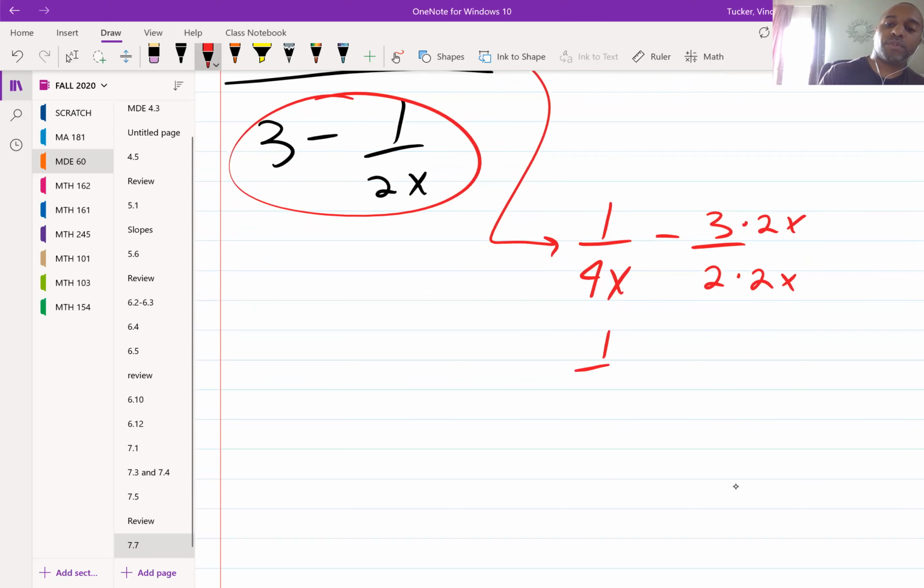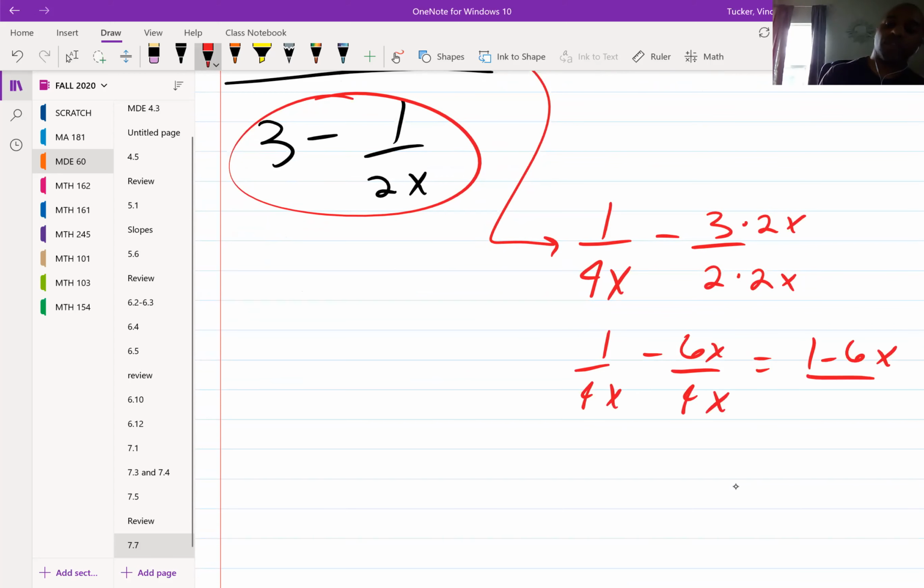And so that's 1 over 4x minus 6x over 4x, which would be 1 minus 6x over 4x. Now that's the numerator. Then you take your denominator and do the same thing. But here our LCD is 2x.